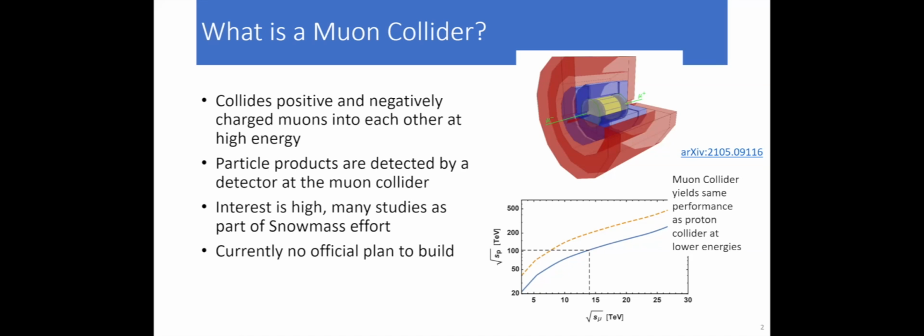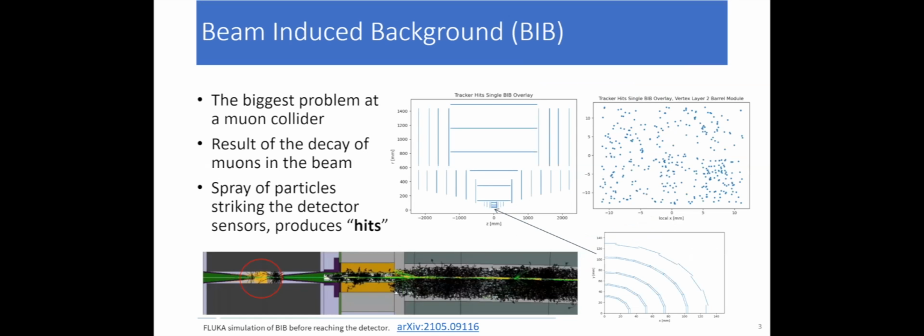Because of that, there's a lot of interest. There have been many studies as part of the Snowmass effort, but there are currently no plans to actually build a Muon collider. The main issue with the Muon collider is the beam-induced background. This is a result of muons' tendency to decay in flight. You see down here in the bottom picture, all this black fuzzy stuff, that's actually decay products of the muon.